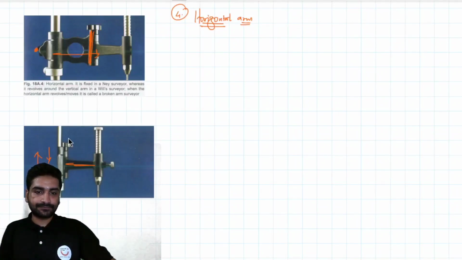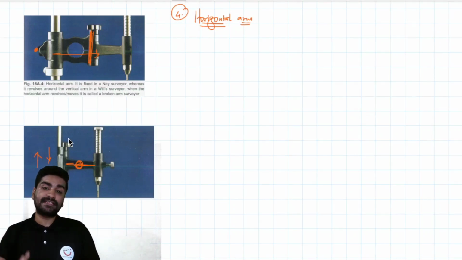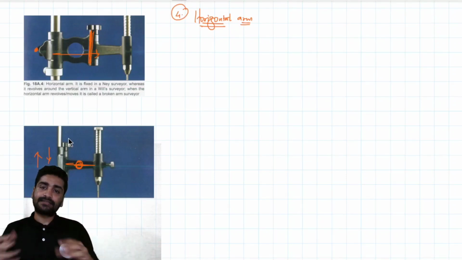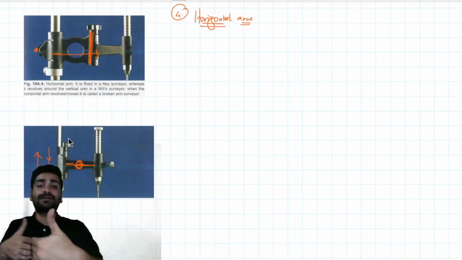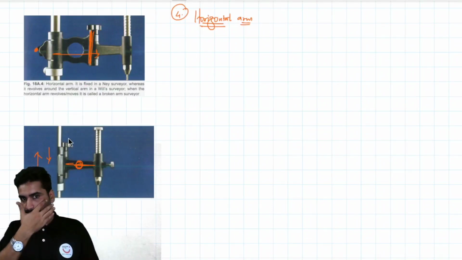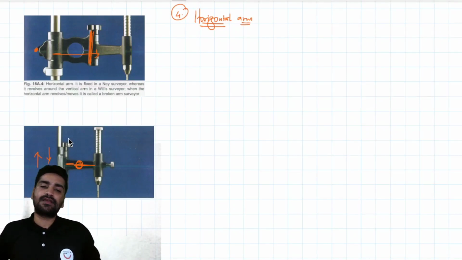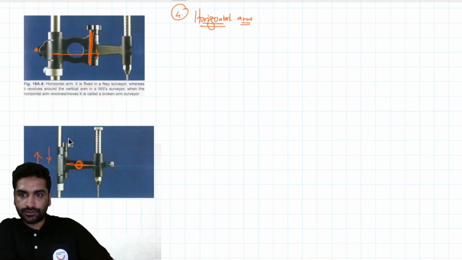But in another surveyor, the Naze surveyor, which is a type of surveyor, that arm does not have that joint; that provision of flexibility is not present there, whereas in the Wills surveyor or in the Jelenko surveyor you have a joint. So the horizontal arm with a flexible component is present in which surveyor?